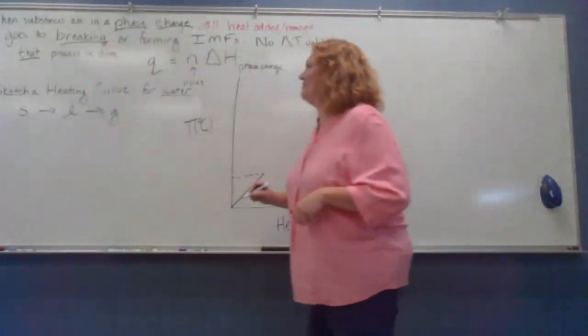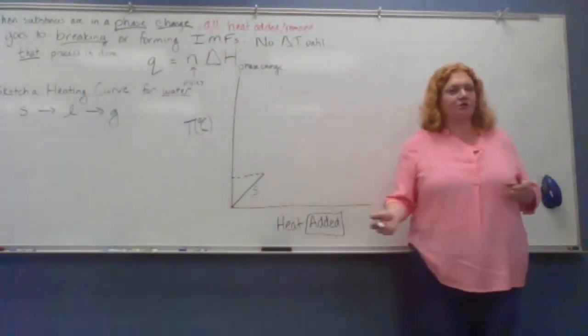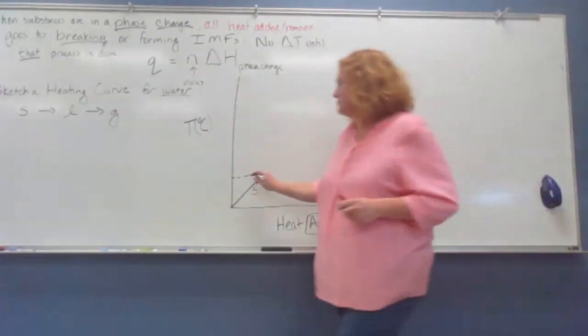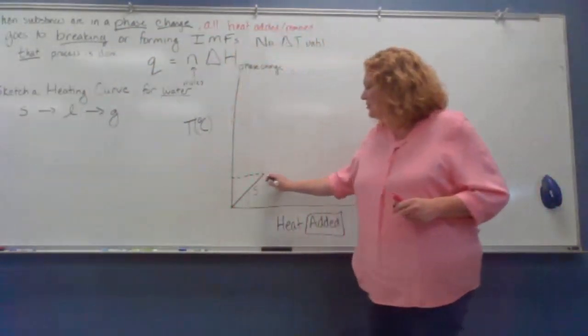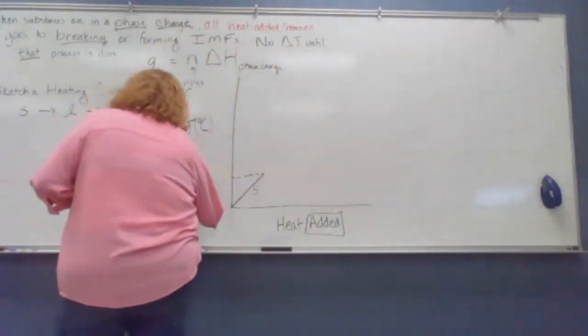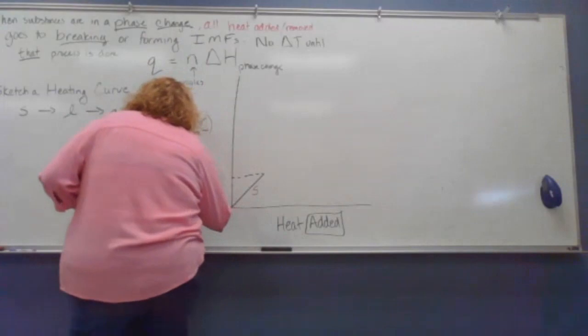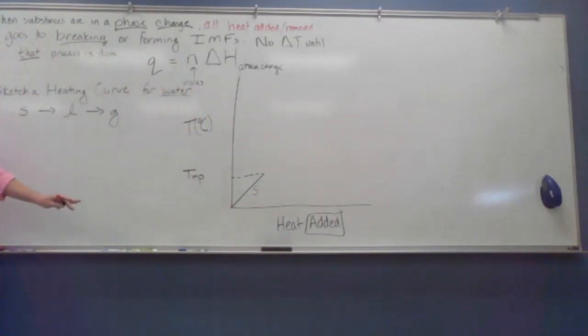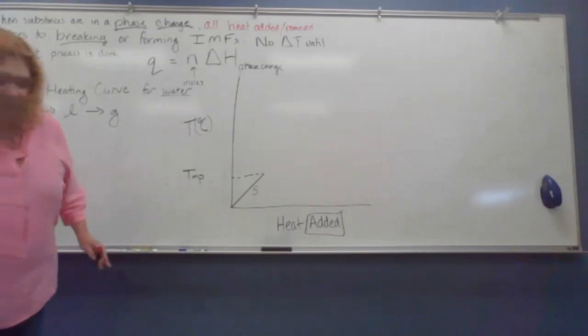What do we call the point when it phase changes from solid to liquid? Melting point. This solid will increase in temperature until it hits its melting point. For water, what is water's melting point? So 0 degrees. 0.